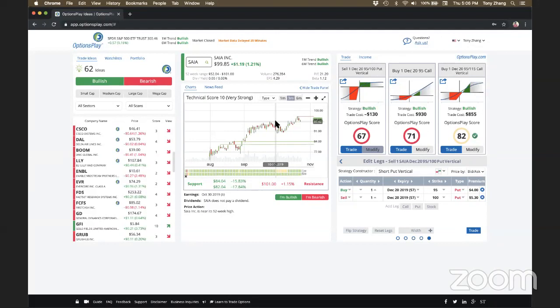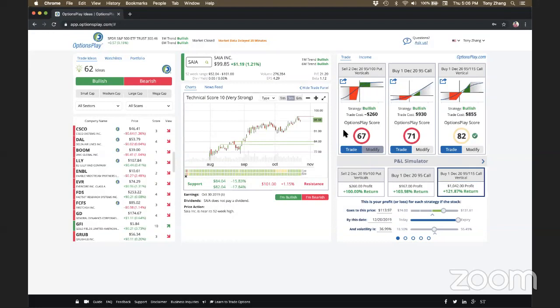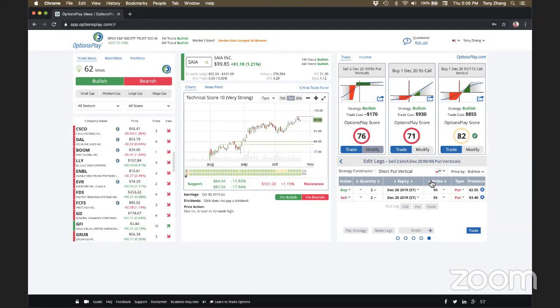I don't know which camp you're in, but if the stock does stay within that range, let's say I want to risk roughly $1,000. If I think the stock is just going to stay above 97, so let's say I think the stock's going to just stay around 99, I clearly want to sell the credit spread. Now, I don't know that that's the best credit spread to sell.